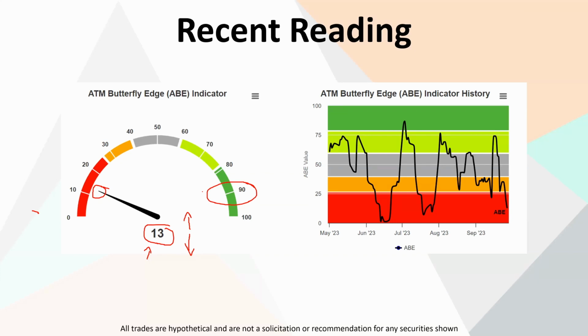We need to know, over the recent period, are we rising or are we falling? That's the second variable that we need to know on the Abe, because just this value alone isn't all that we need. We actually need to know, are we rising or falling?